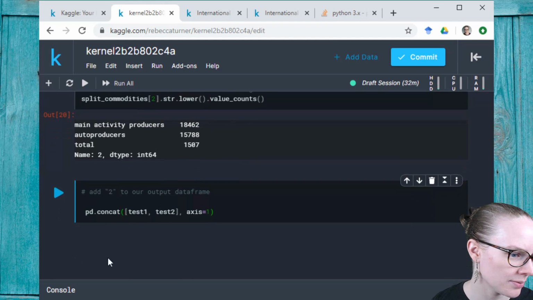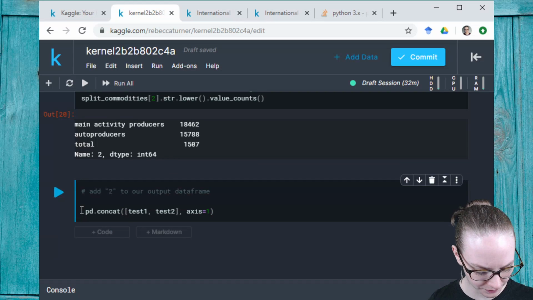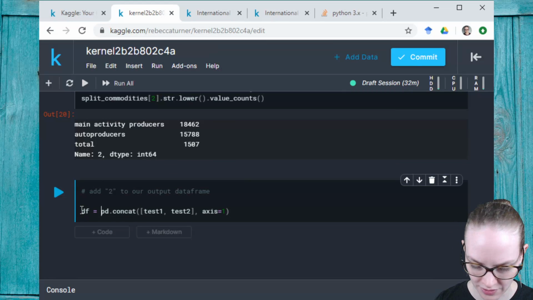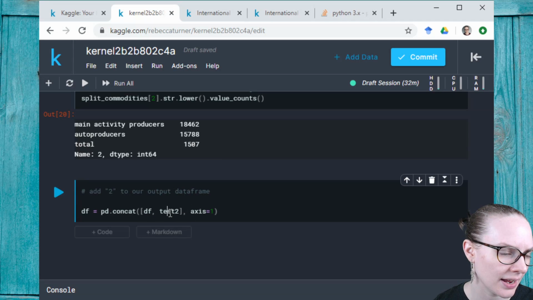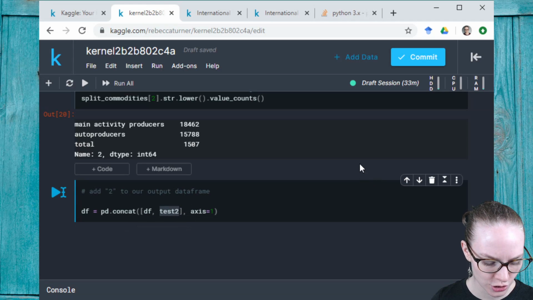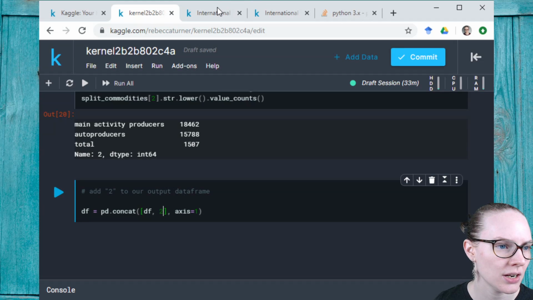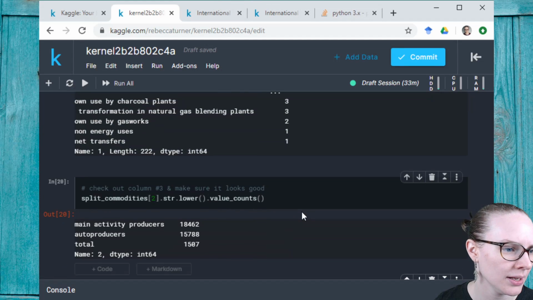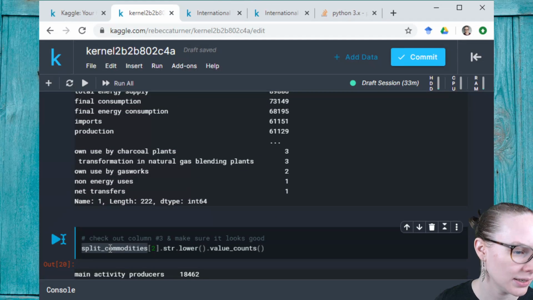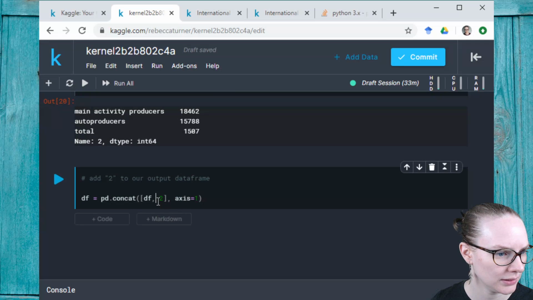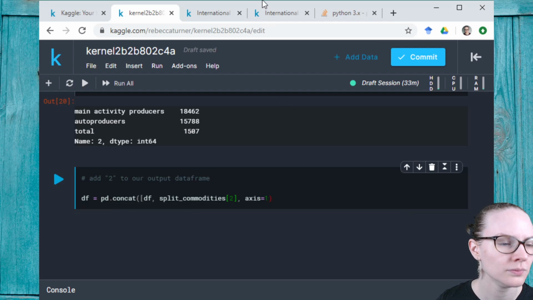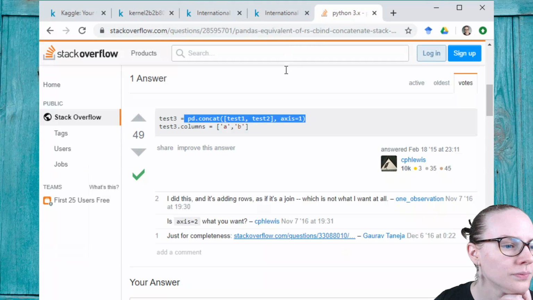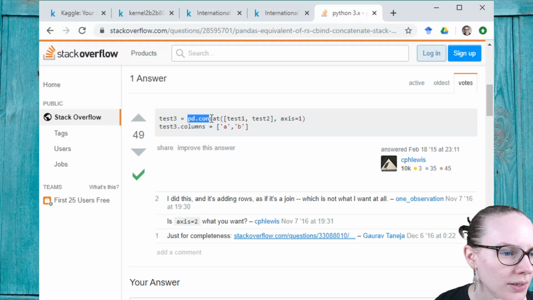And so what I'm going to do is take our data frame that we've called df, and I'm going to concatenate df and 2, and I want to change the name. Is that an option?